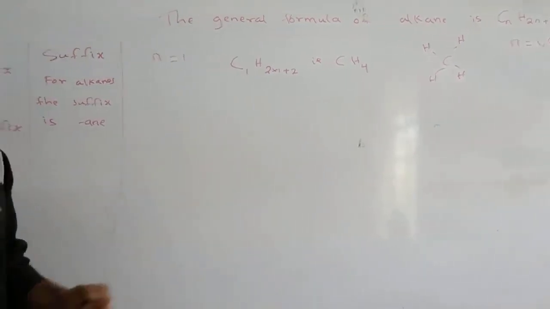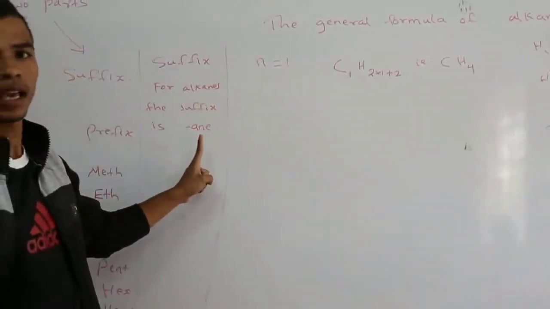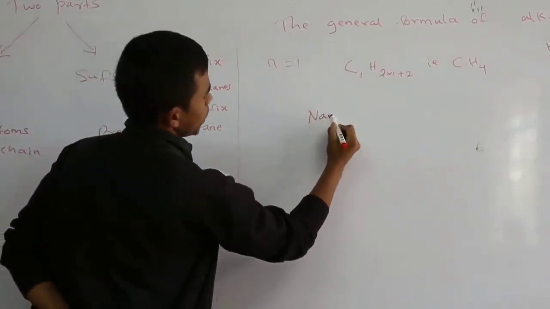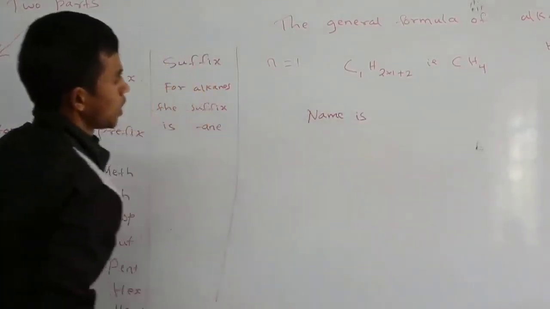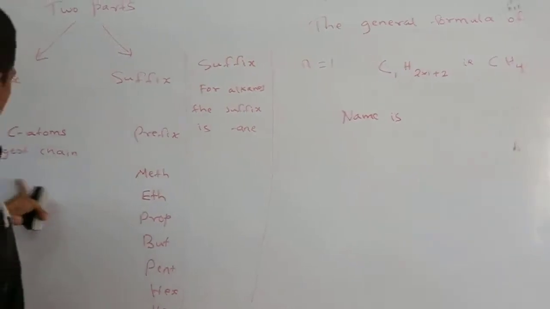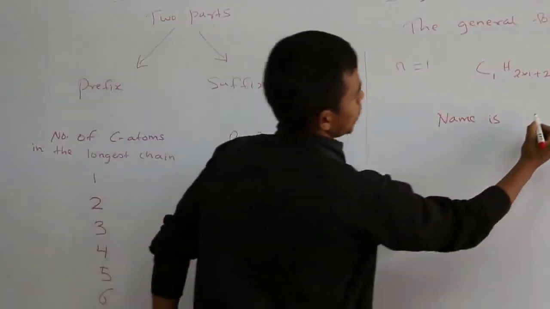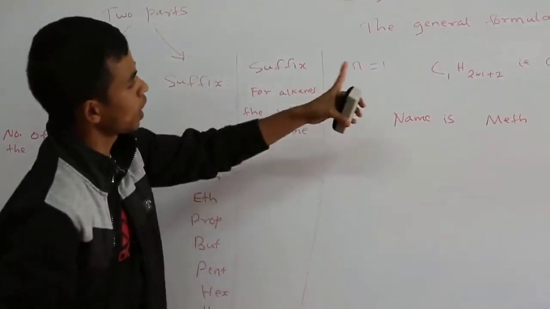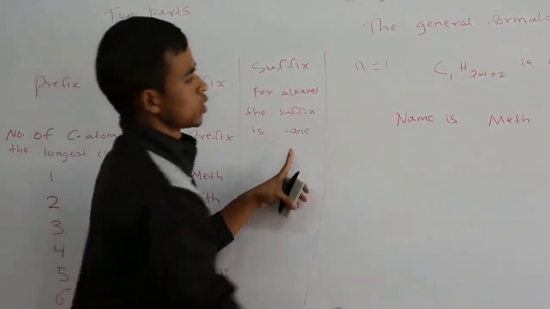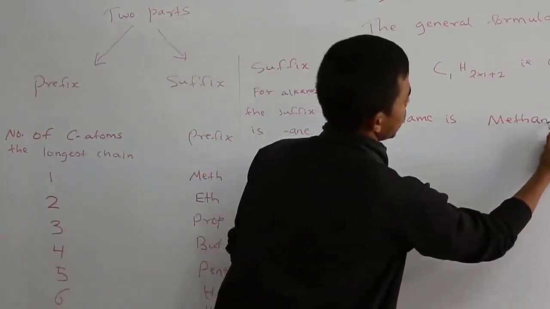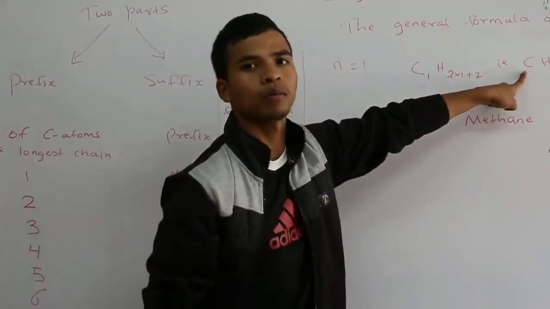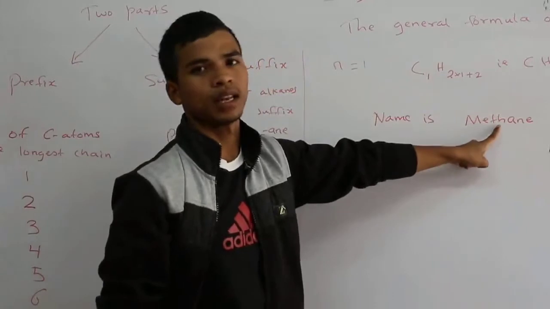So for alkanes, the suffix is "ane". So the name of this hydrocarbon is methane.